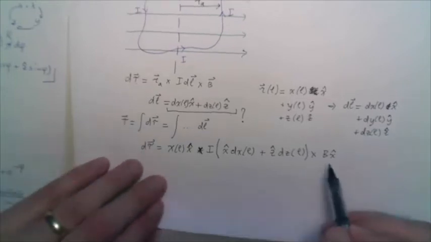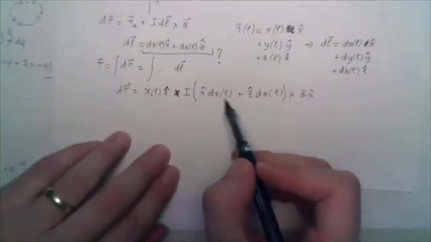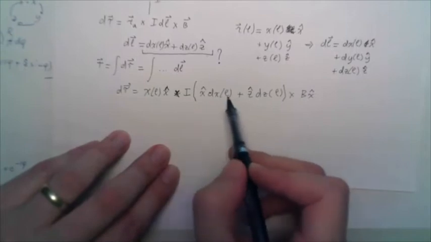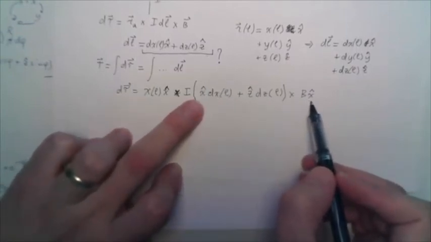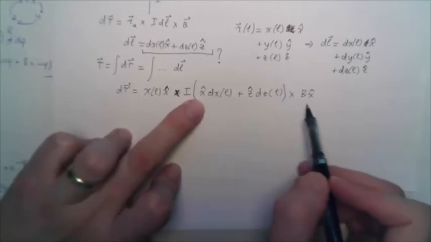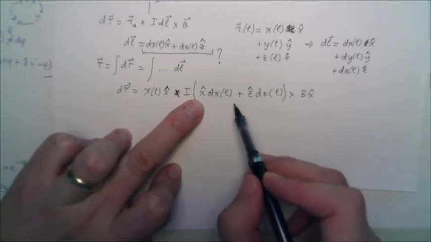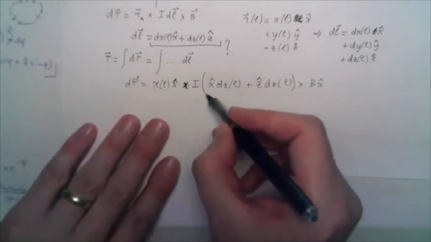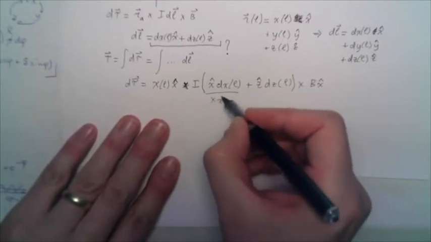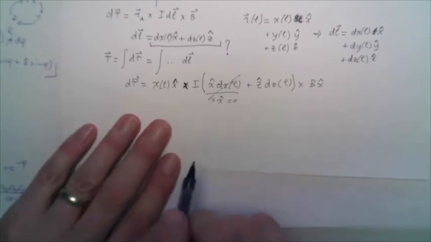Okay, now we have this monstrous triple cross product, and in fact there's an expansion in the middle, except you'll see that we have an x hat crossed with an x hat, so we know those two are going to disappear. So all we need to keep, so this one, crossed with x hat is 0, so therefore we drop this.